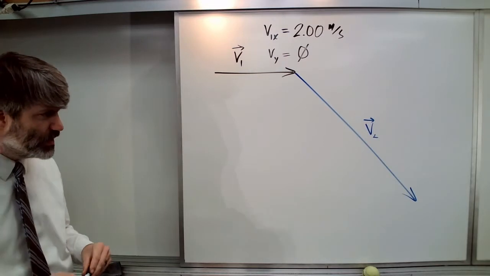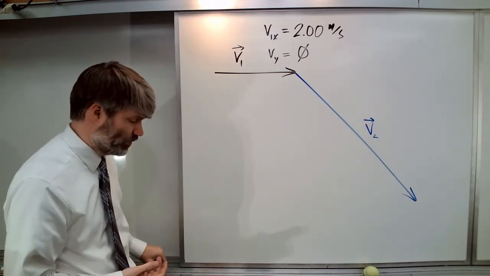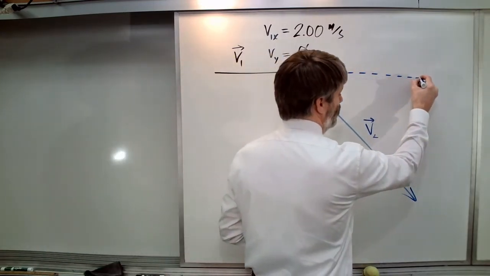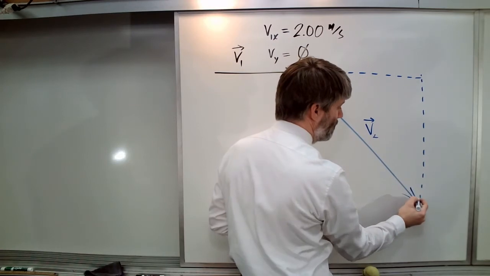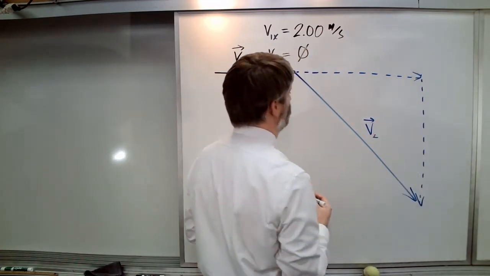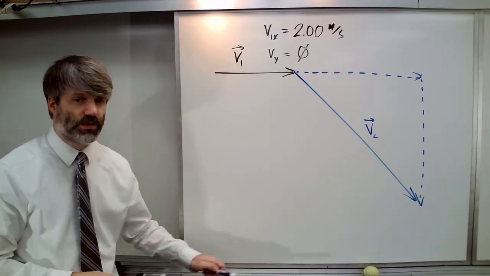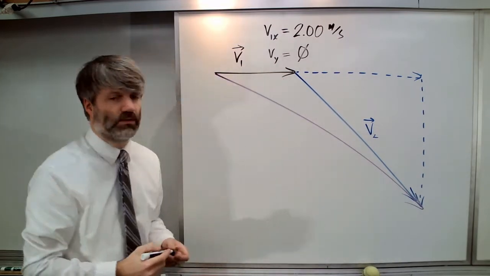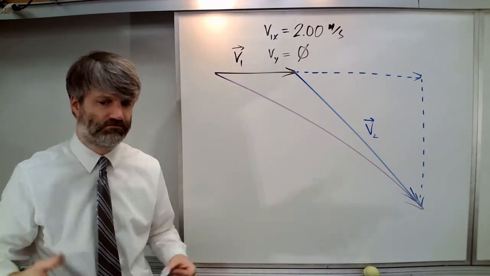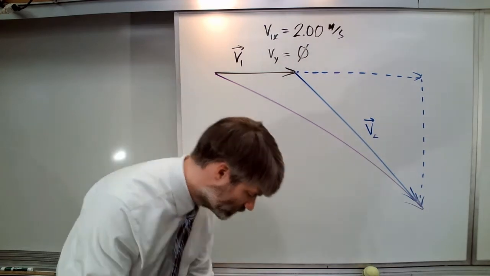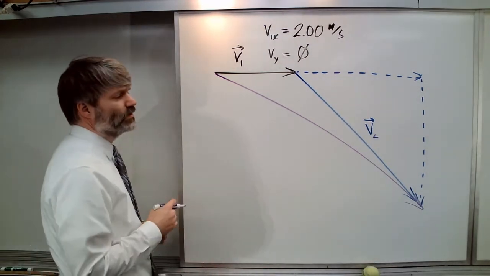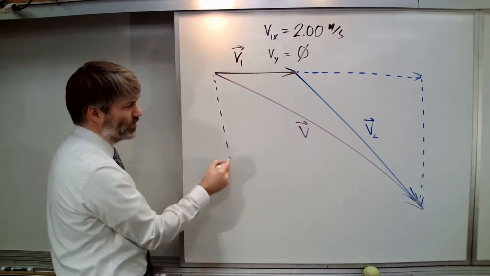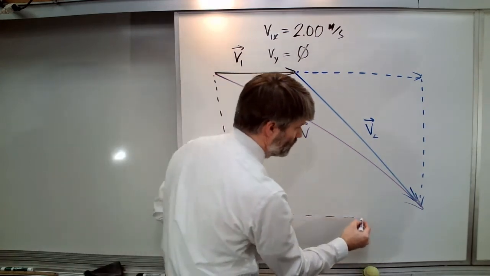So V2's x and y components are really the ones that we have to analyze here. So there's x, y. Our resultant vector goes from here to there. One thing to note about our final velocity vector is that its y component is in the negative direction.